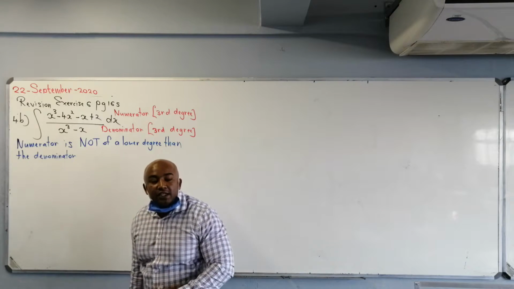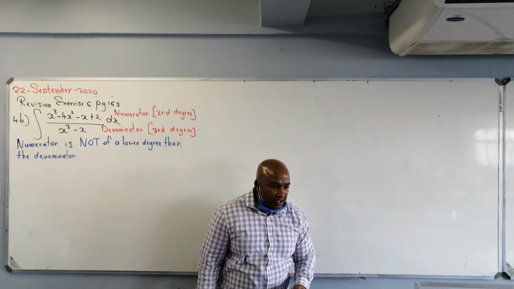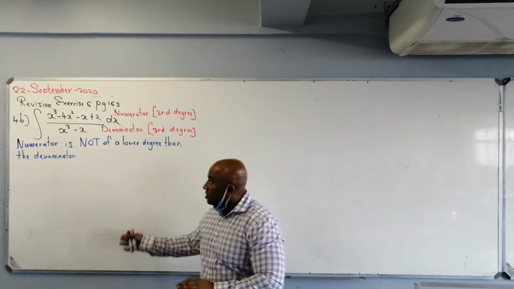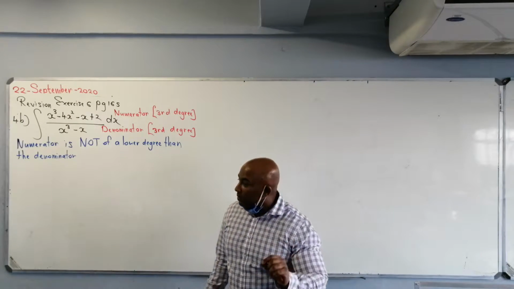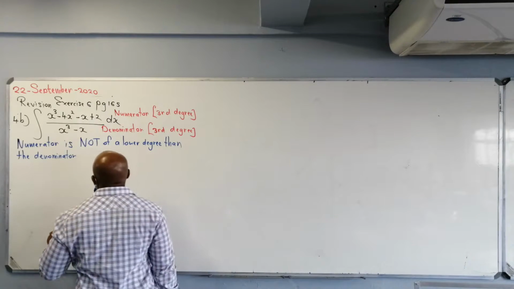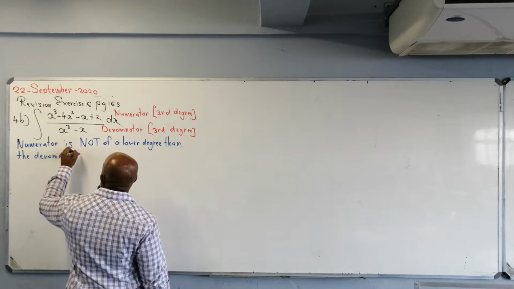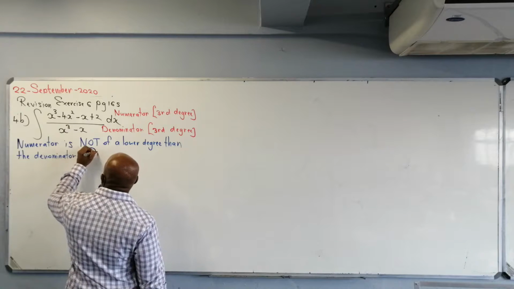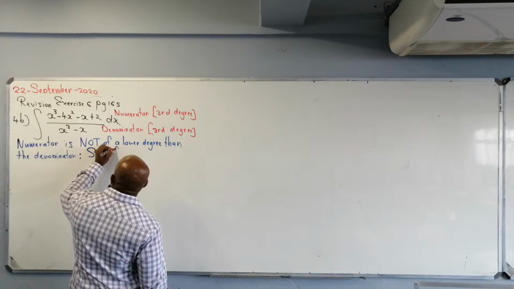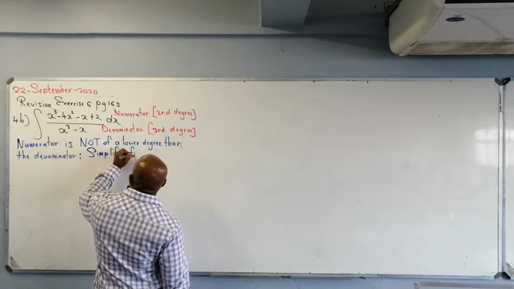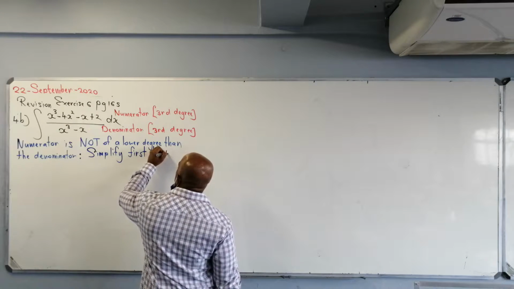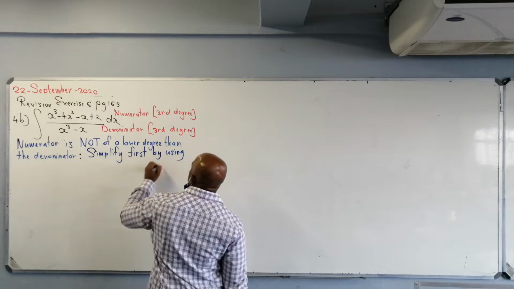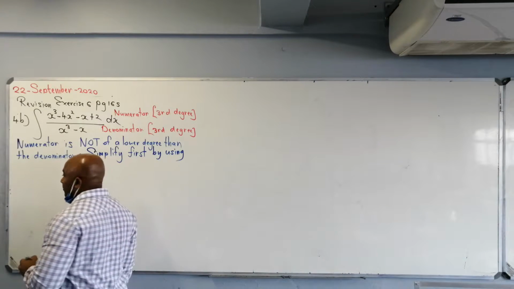If the numerator is not of a lower degree than the denominator, and use substitution, there's no exact derivatives here, then what we will do is, you need to simplify first, by using long division.